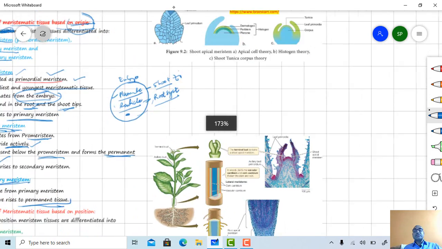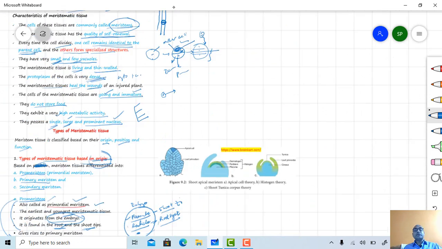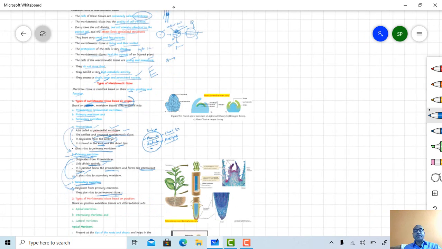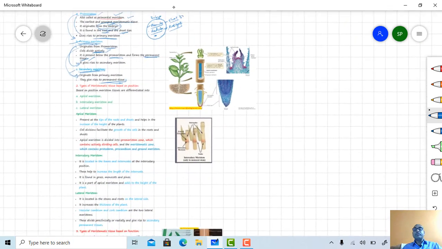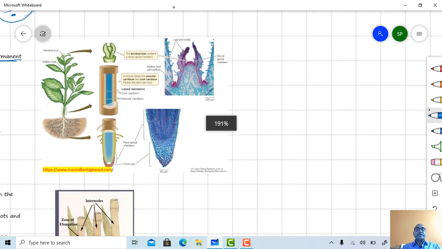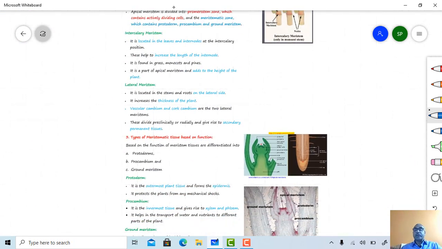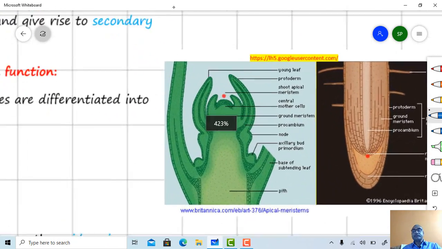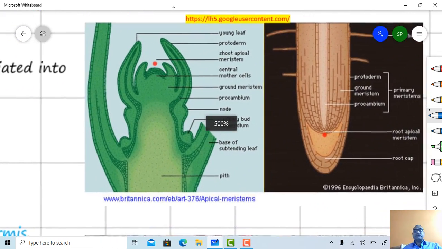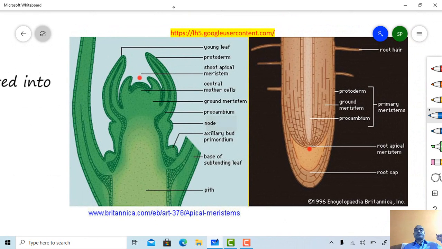Okay, just see here, some figures are present here, not given here. See this one. This one is a figure of a meristem. Actually, the one based on origin is not given here, but this one is an apical meristem.